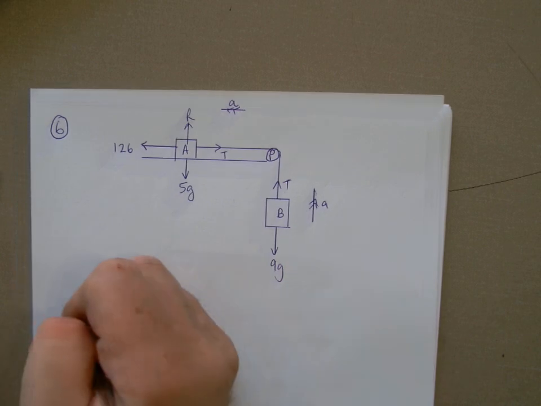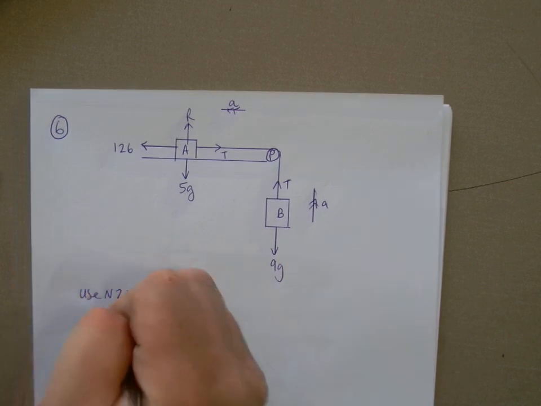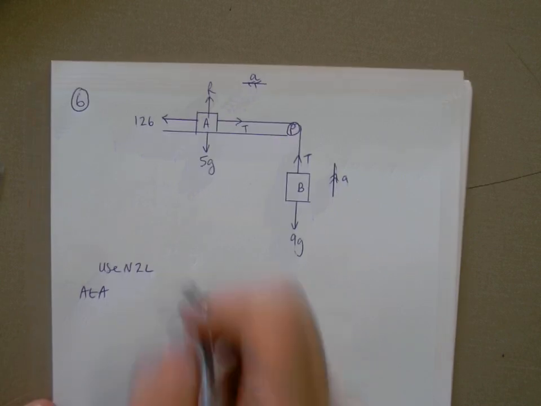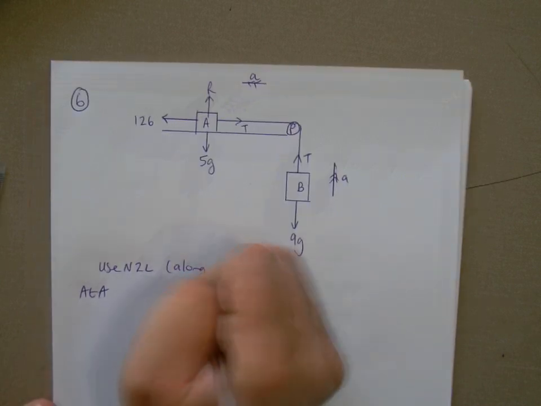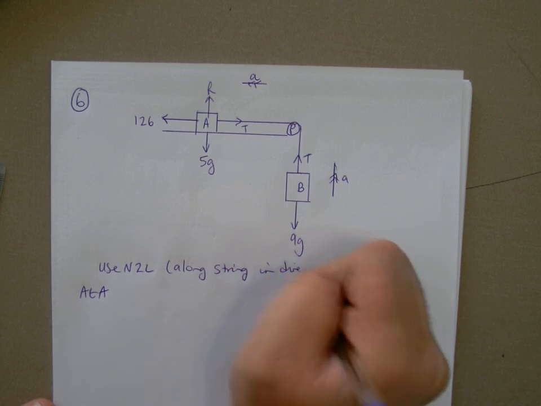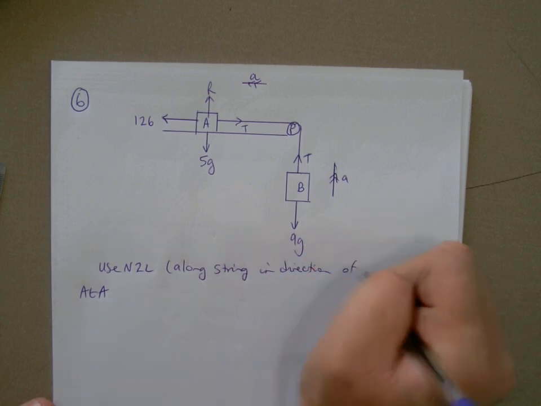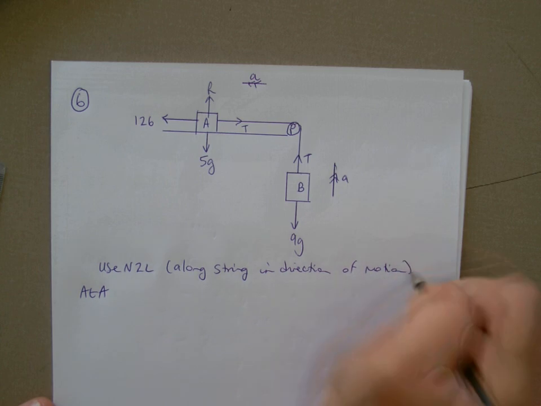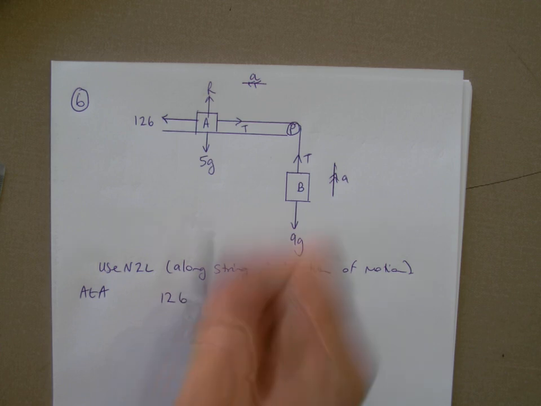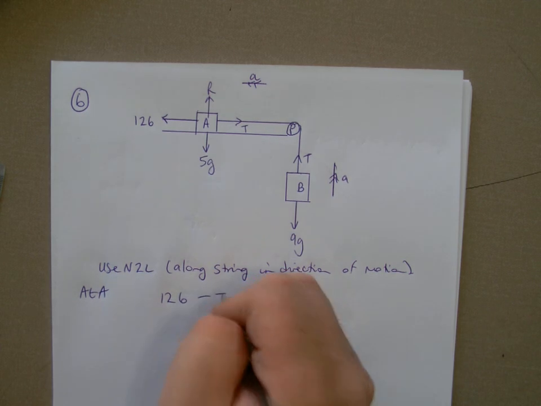So if we use Newton's second law, first of all at A, along the string, in the direction of motion. Now at A, 126 is pulling it along, but then there's the tension in the string holding it back.